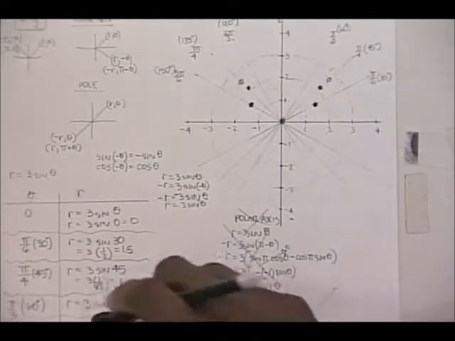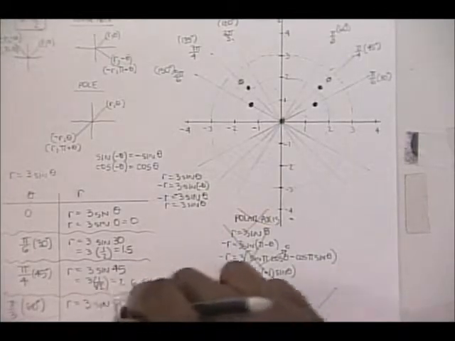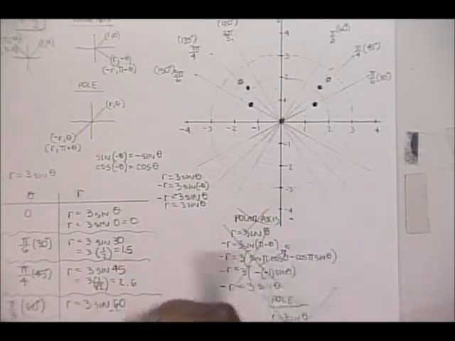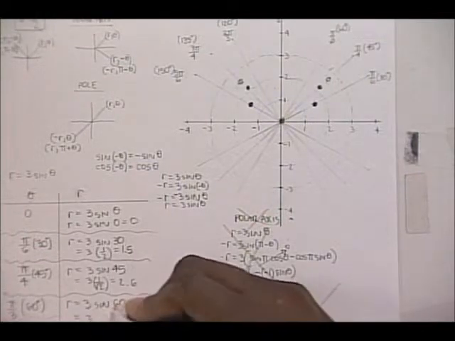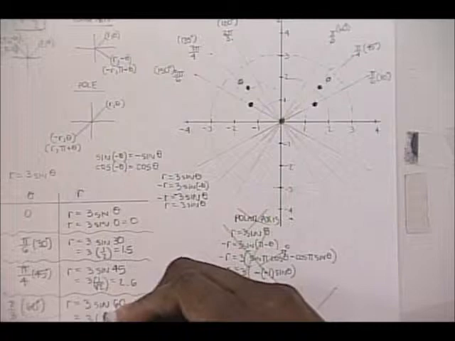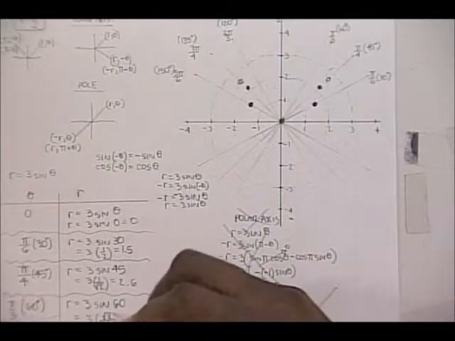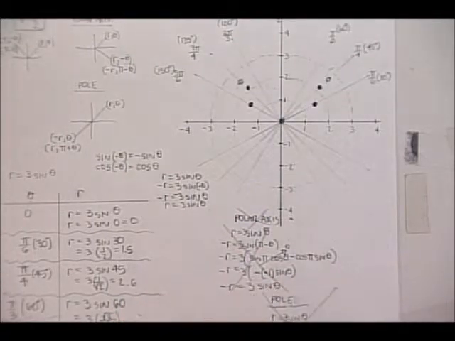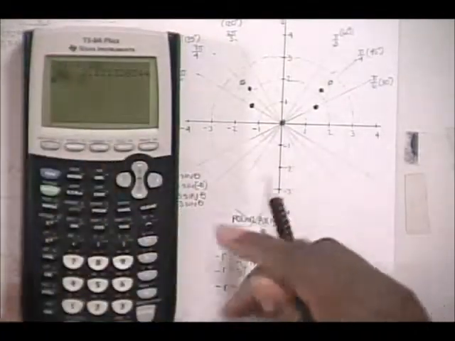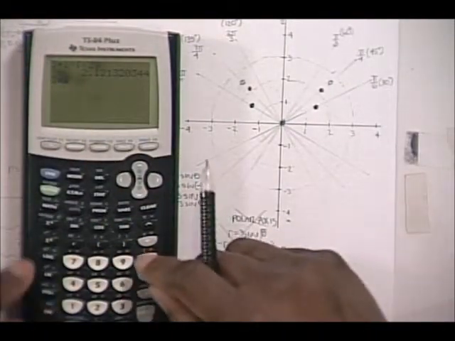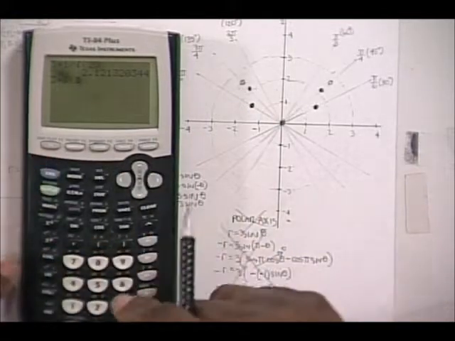All right. So now let's plot pi over 3, which is the same thing as 60 degrees. We get 3 times the sine of 60, which is radical 3 over 2. And let's substitute that. 3 times radical 3 over 2. We end up with 3 times radical 3.